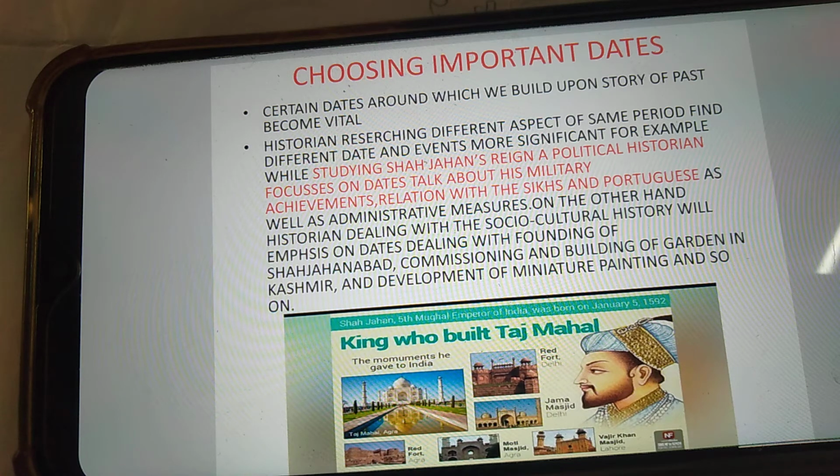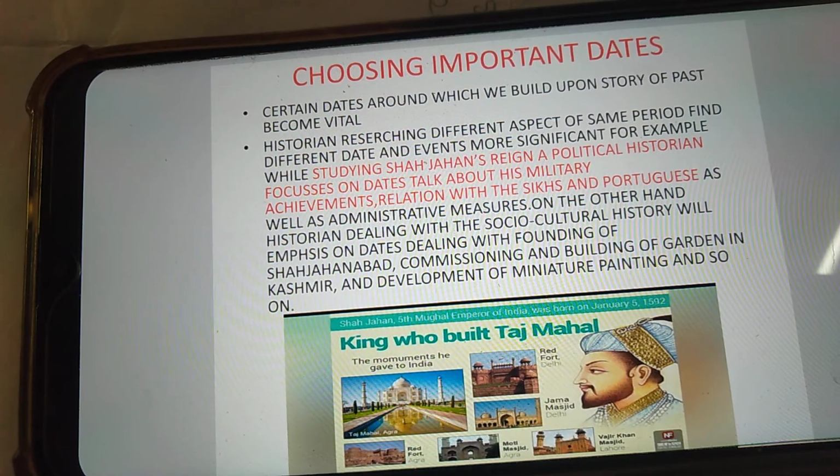a political historian focuses on dates talking about his military achievements, relations with the Sikhs and Portuguese, as well as administrative measures.